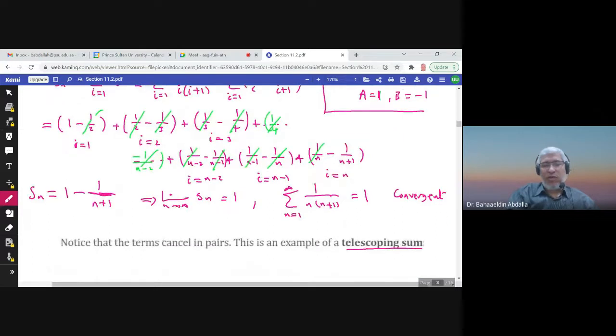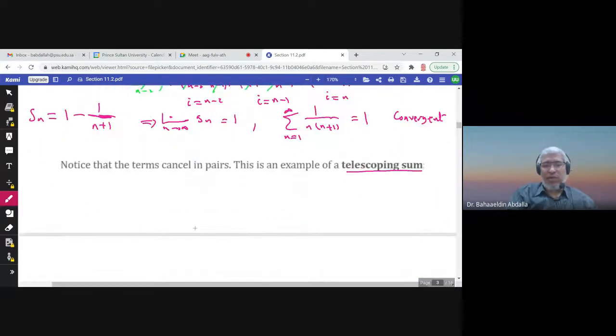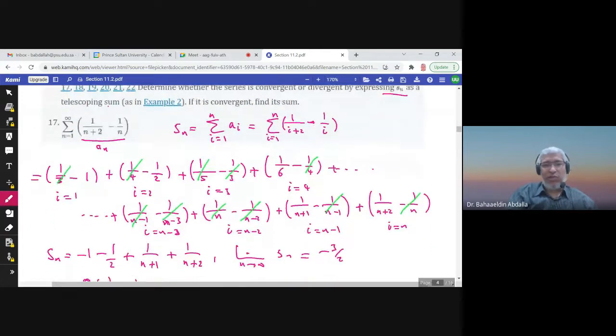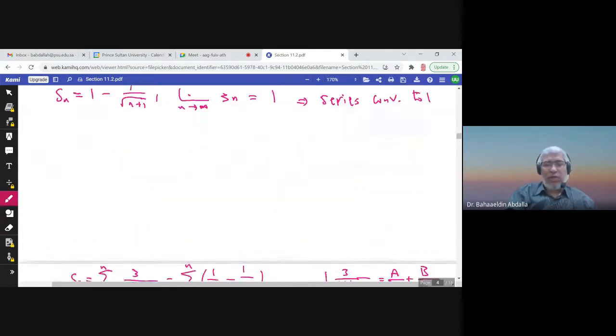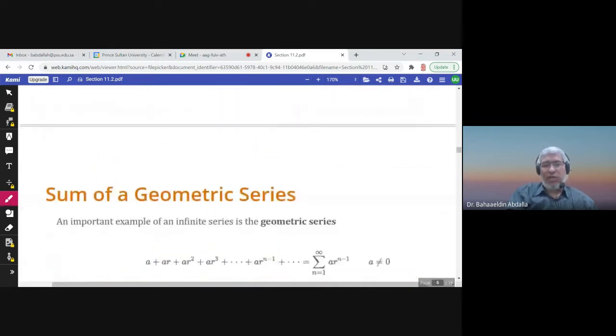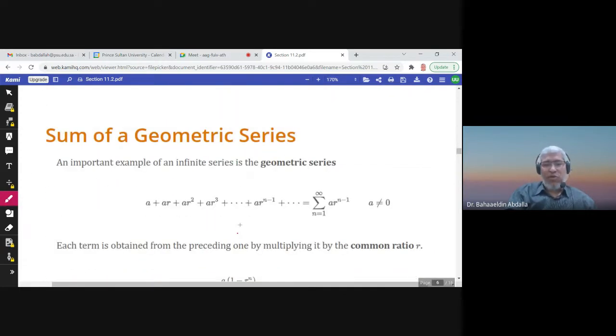And once we find their S_n, we can find the limits and show that they are convergent or divergent. Today we study another type of series called geometric series. And also for geometric series, we will be able to find their S_n and determine whether they converge or diverge.